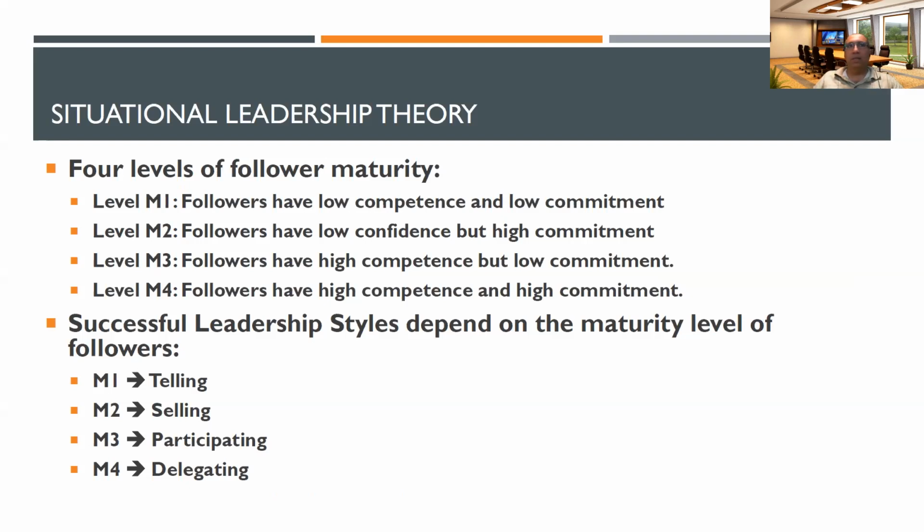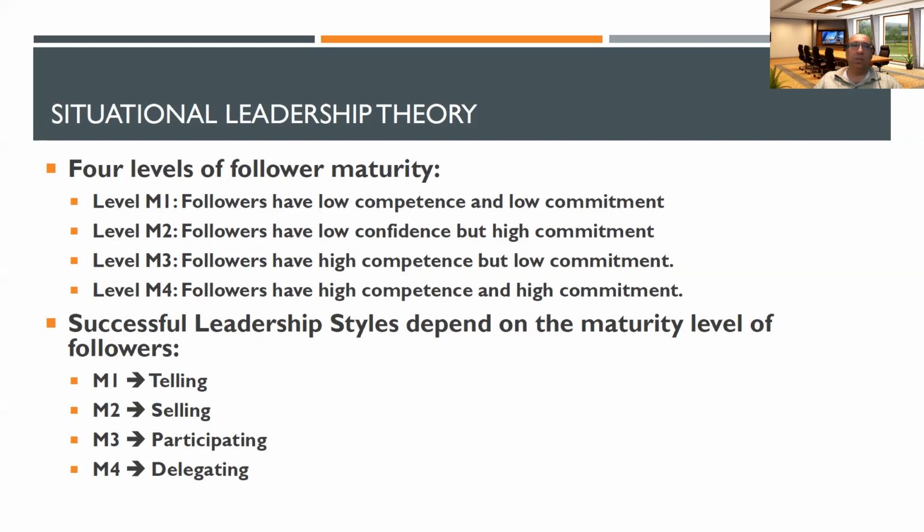So here they're saying there are 4 levels: level M1, M2, M3, and M4. Okay, 4 levels of the follower maturity. Okay, and based on that, they said that it's possible that there will be.